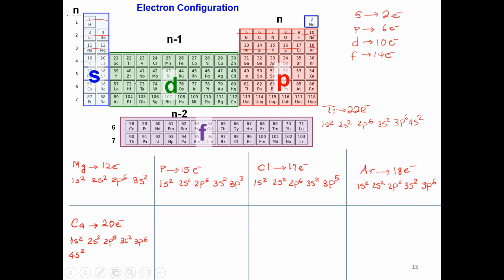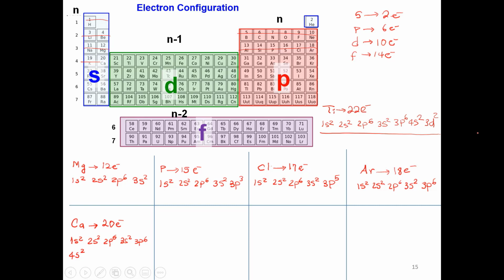So we can write this one here. If we add the electrons together, we should get 22. We had 10 up to here, another 10 will be 20 plus 2, 22. Then this is the electronic configuration for titanium.